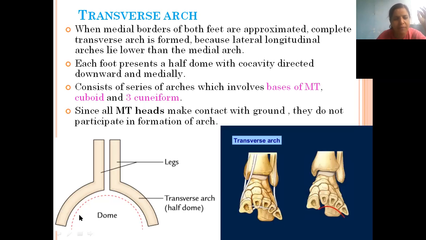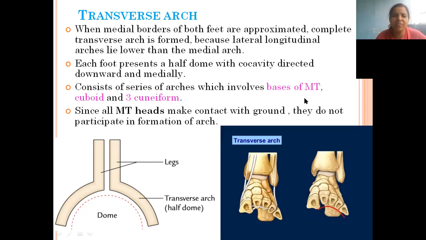That means this is our right foot, left foot, and if you join both feet, you will see the complete transverse arch is formed like this. Each foot represents a half dome with concavity. This is half dome, this is half dome, and the concavity is this one, which is directed downwards and is near the midline.